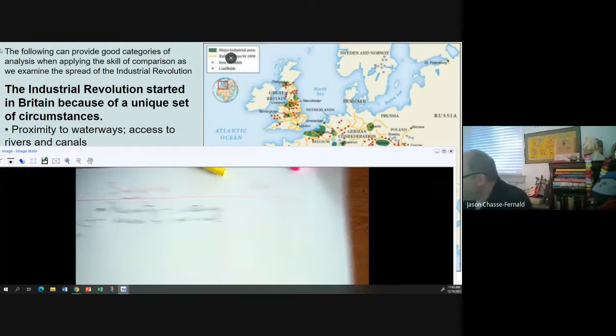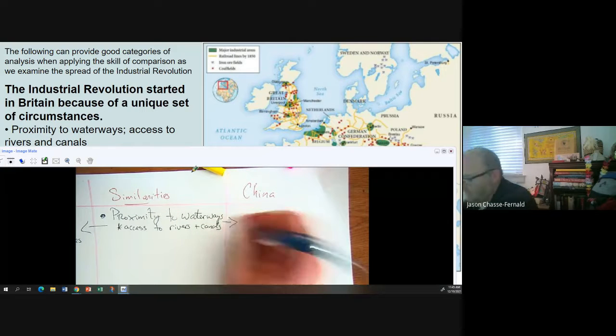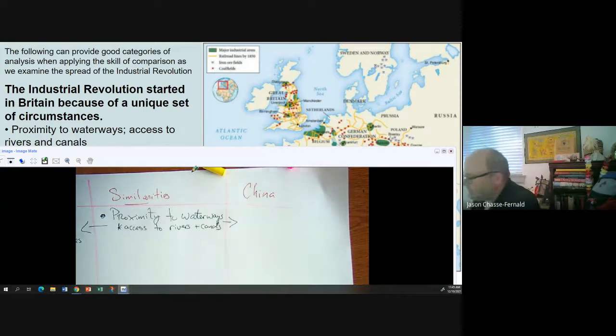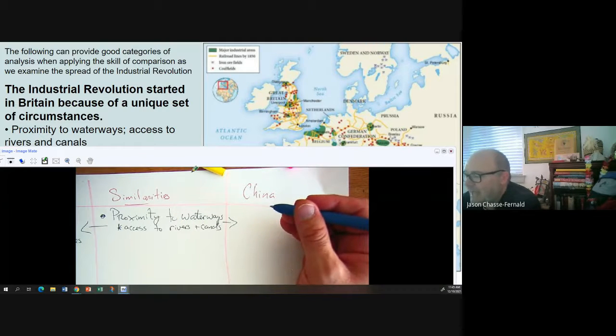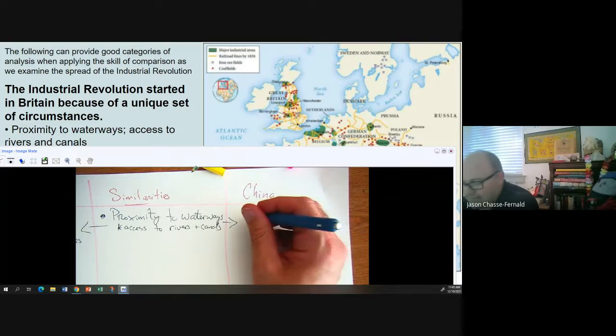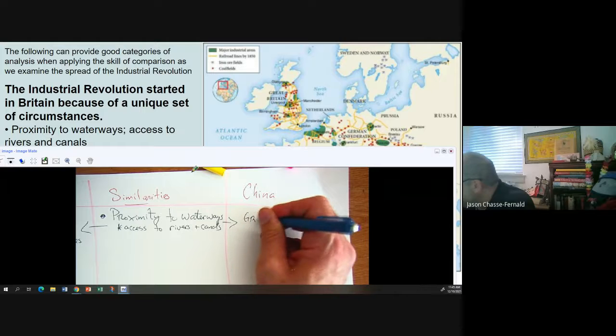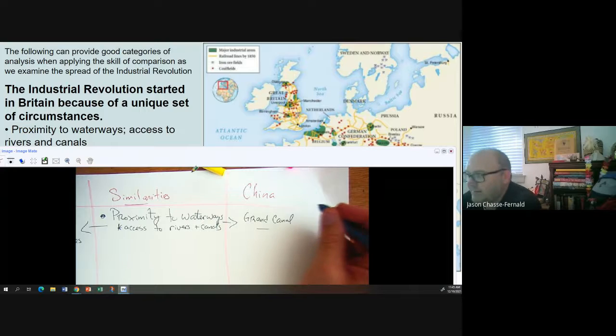So what about China regarding this? We know that we've got the Huanghe and the Yangtze rivers, massive river systems. But we also know that there is a long history of canal building, going back to at least the Han Dynasty, 2,000-plus years ago. One thing we have talked about in class is the Grand Canal. So China has a very long history of canal building, connecting great distances by canal.